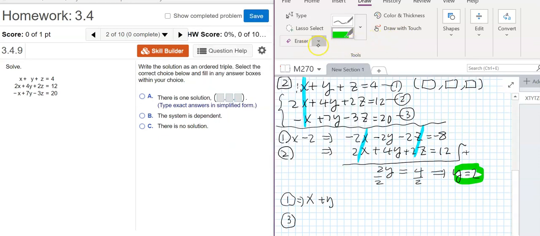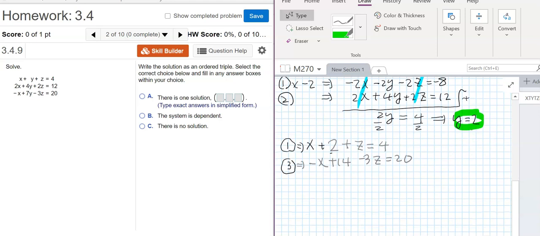Instead of y, I'll just put 2 for y. x + 2 + z = 4. Now, same for number 3: -x, and y equal to 2 times 7 is 14, minus 3z equals 20.